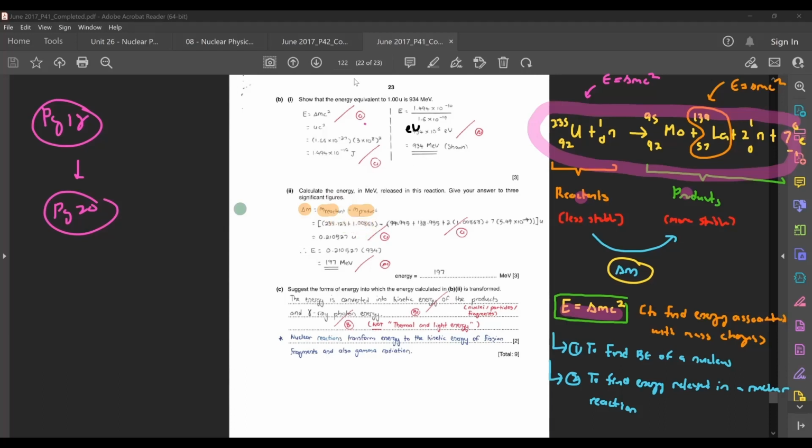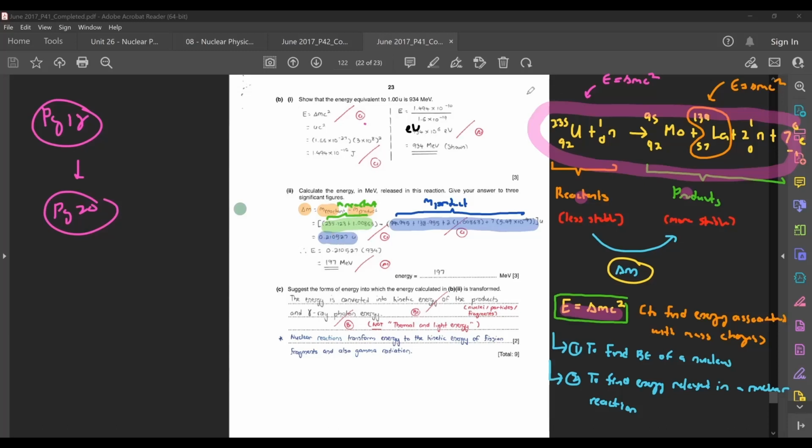And then the rest of this is the mass of your product. Okay, so eventually you will get the answer 0.210527.